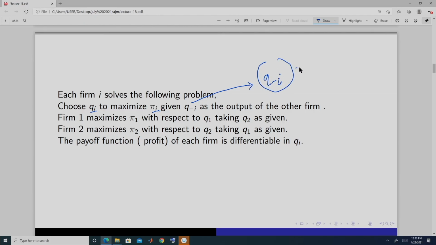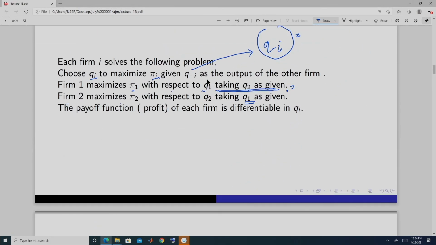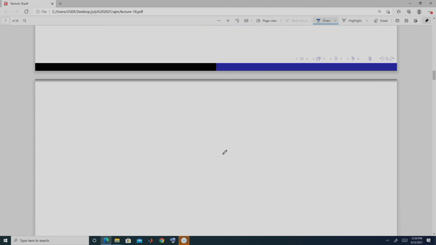This is the output of the other firm. Okay. So, firm 1 maximizes profit pi 1 with respect to Q1, taking Q2 as given. This portion is bringing in the strategic aspect. And firm 2 maximizes profit, that is pi 2, with respect to Q2, taking Q1 as given. Okay. And if you look at this profit function, it is obvious that they are differentiable. So, now we solve this problem.